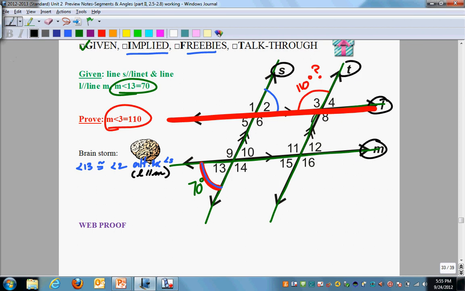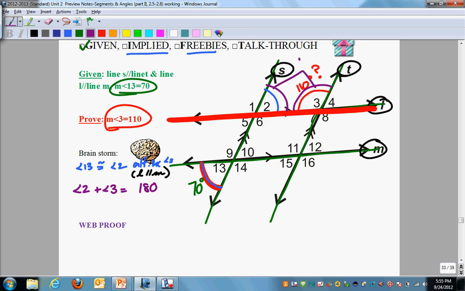Now we can do S and T are parallel. Because S and T are parallel, I can say that angles 2 plus 3 have to add up to 180. Why?